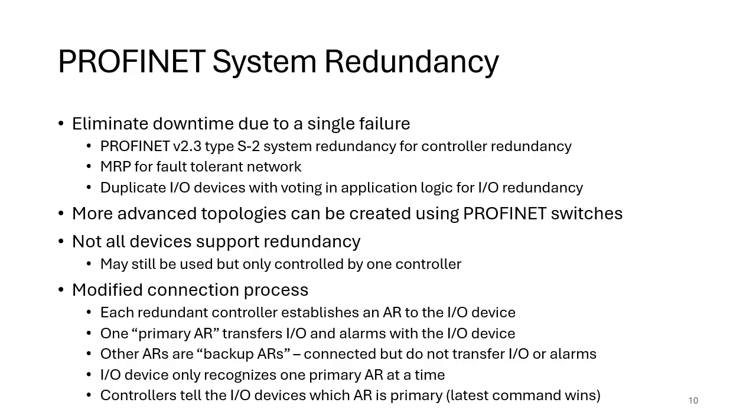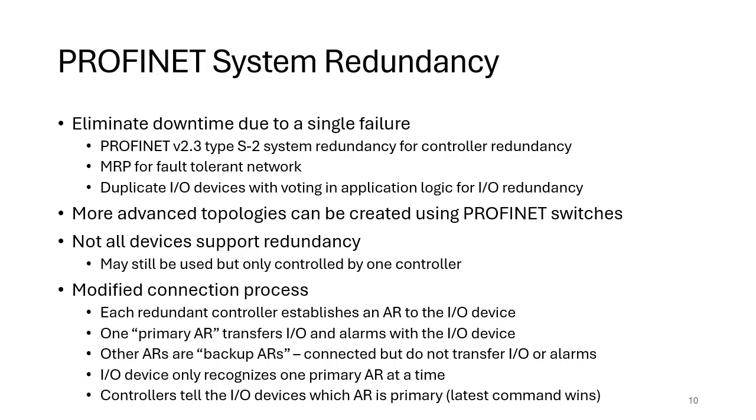And then you have one, or possibly more, but normally I've only ever seen it as one. Then you have a backup AR. These are connected, but do not transfer I/O or alarms. The I/O device only recognizes one primary AR at a time. And if that primary AR fails, then the secondary AR or the backup AR takes over.